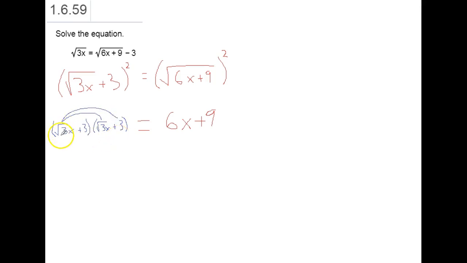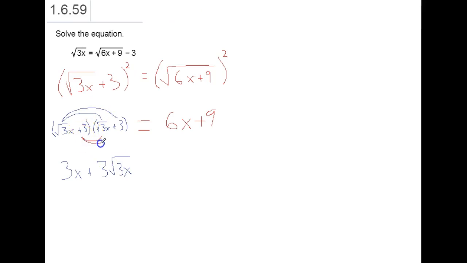So when you do square root of 3x times square root of 3x, that's a square root times itself. You just get the 3x back. And then when you multiply it by 3, you get plus 3 times square root of 3x. Then you need to do the same thing with the next term.